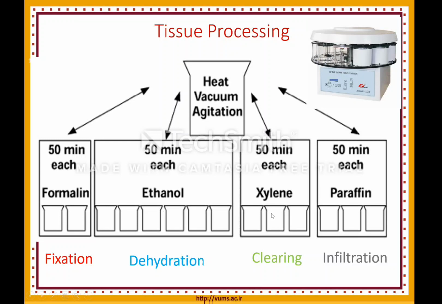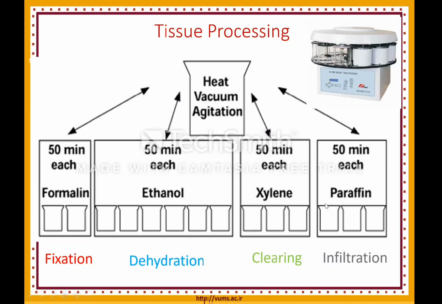After that, the other step is named clearing, in which we use xylene, which includes 3 jars, and the tissue changes from this jar to the next, and finally we infiltrate the tissue and finally the cell with paraffin.